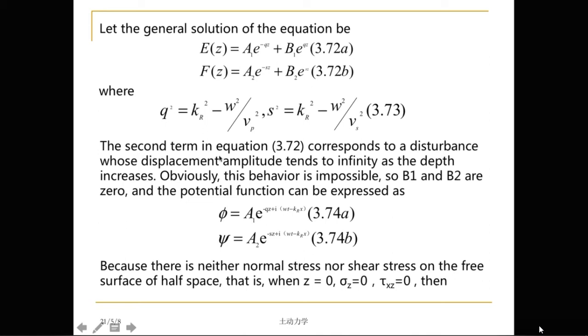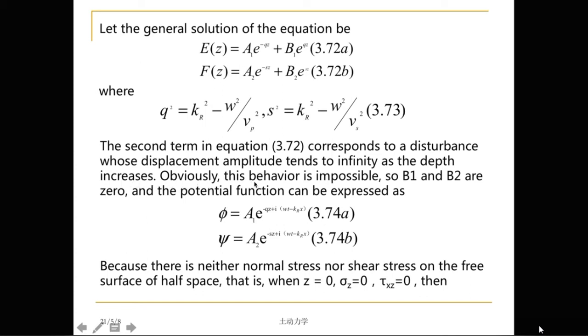And the second term in equation 3.72 corresponds to a disturbance whose displacement amplitude tends to infinity as the depth increases.